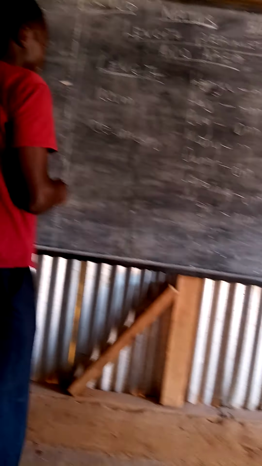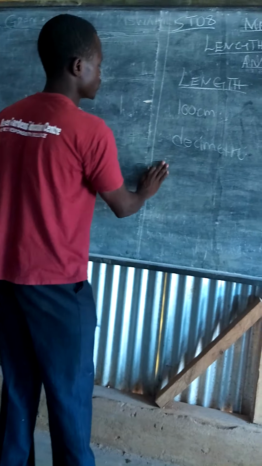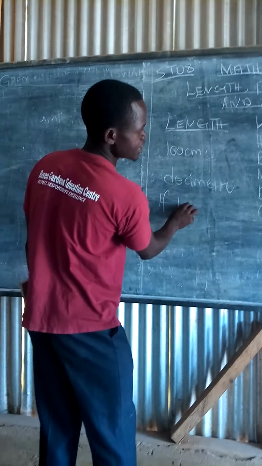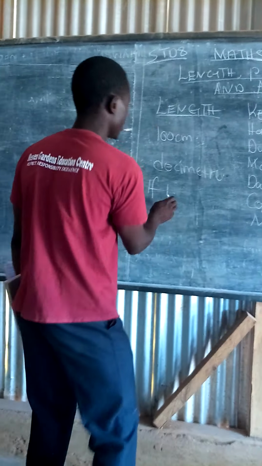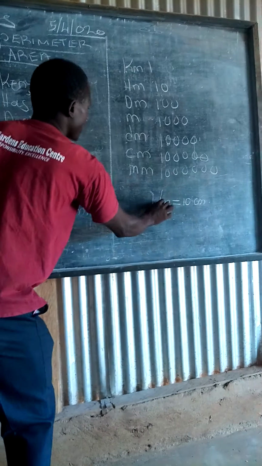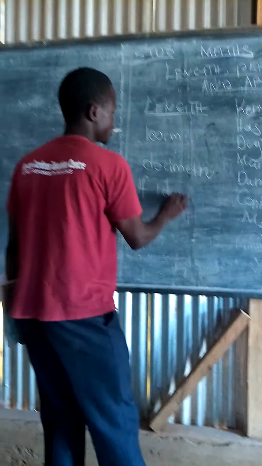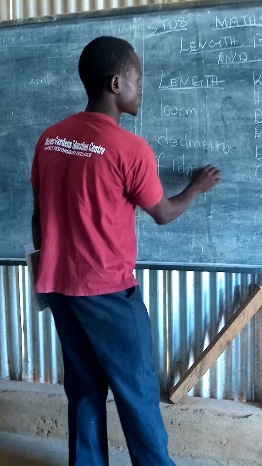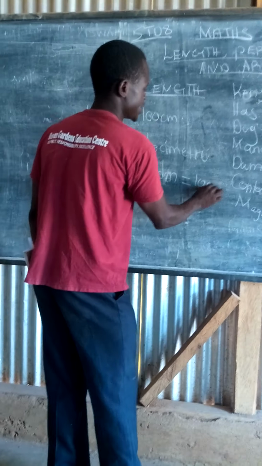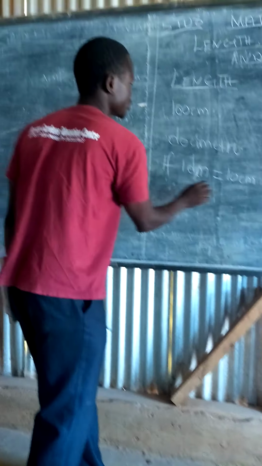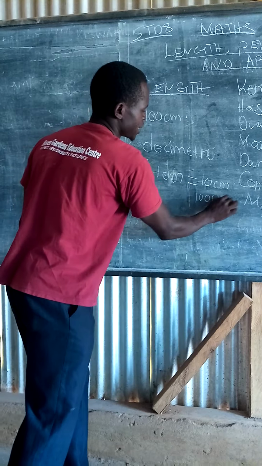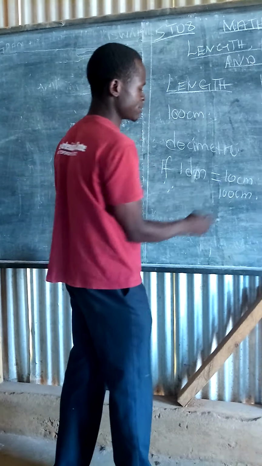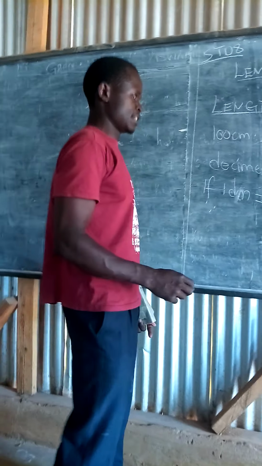Come to your equation again. If 1 decimeter is equivalent to 10 centimeters, what about 100 centimeters?